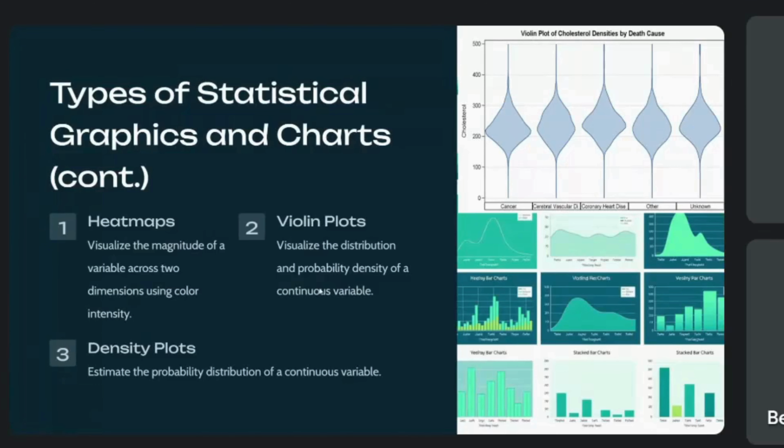We don't do the probability of categorical variables, of course. And here, the density plot helps us to estimate, instead of plotting the distribution, the probability distribution of a continuous variable. This is how it's different from the violin plot.